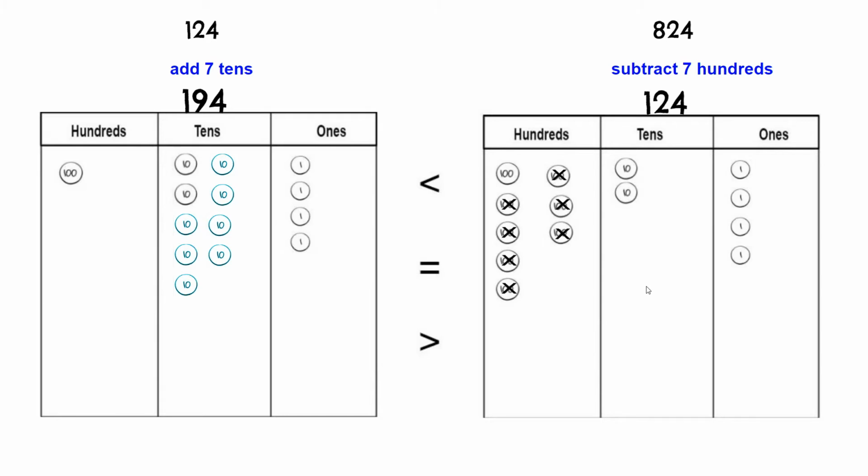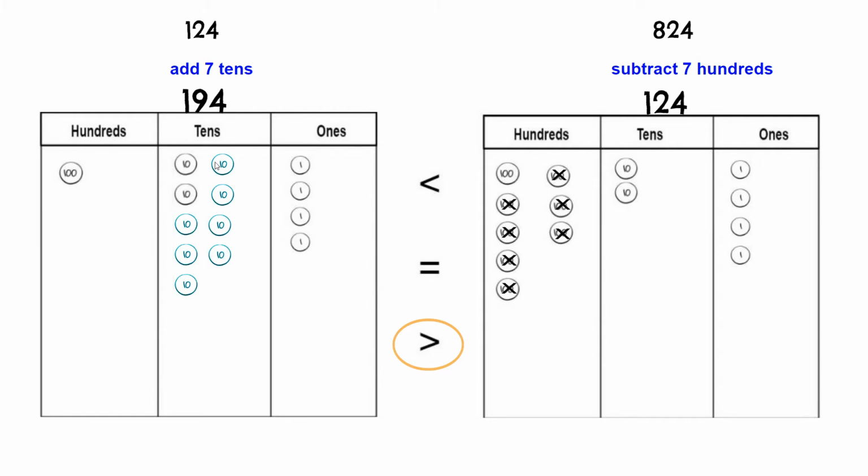Which symbol would best fit in this expression? Shall we use less than, equal to, or greater than? Right! If you said greater than, you are correct. Because when we look at the hundreds place value here, 194 has 100 and 124 has 100.